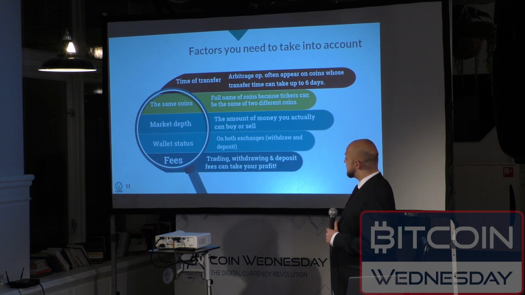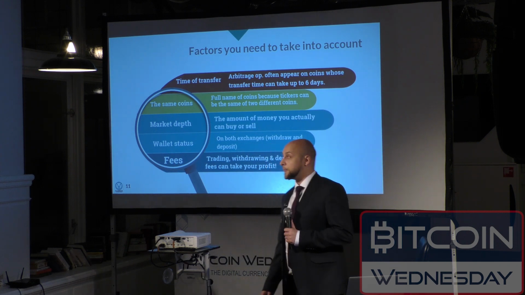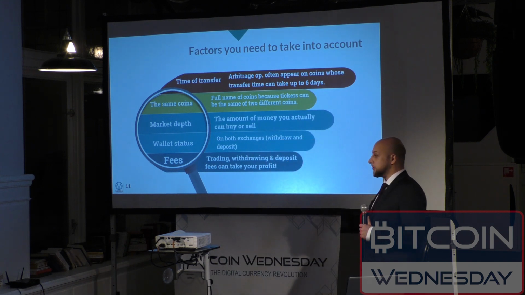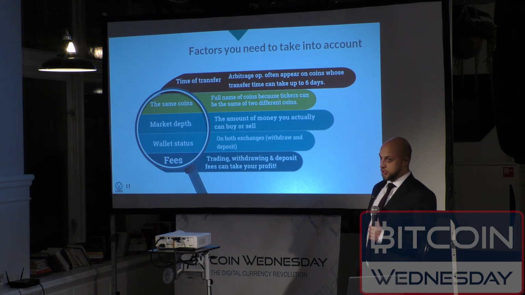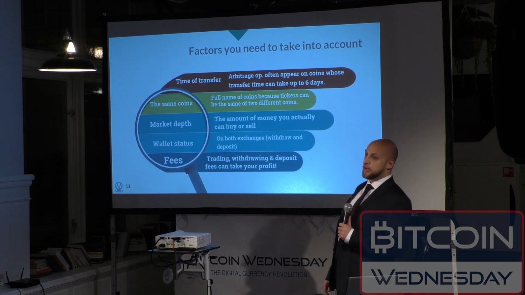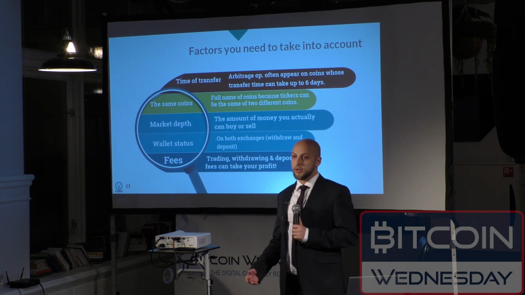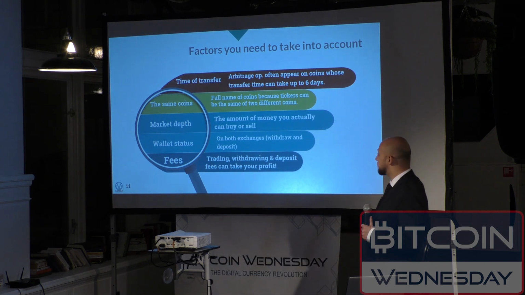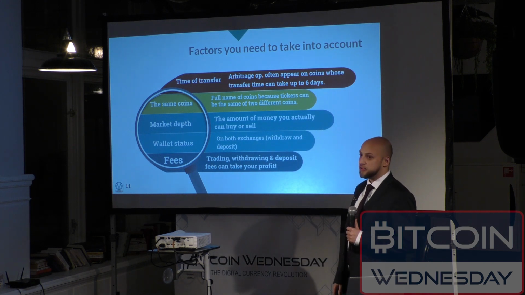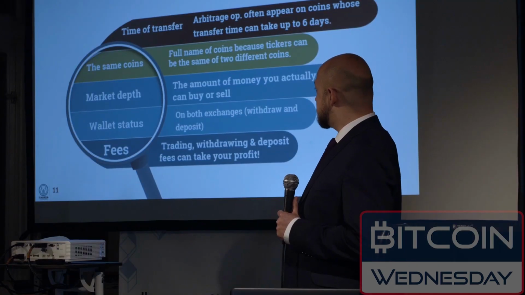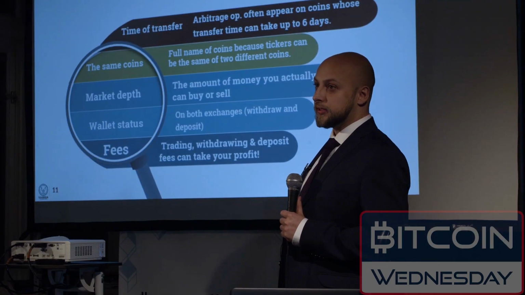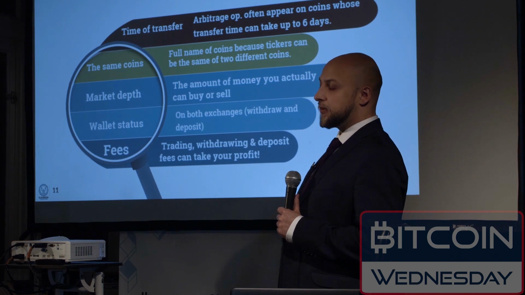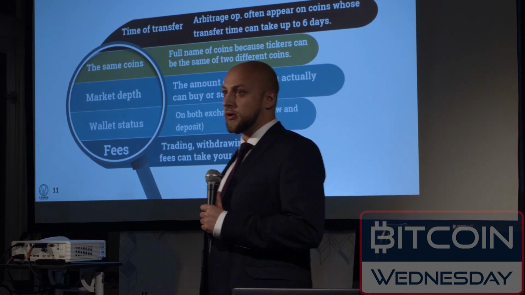The next thing is the name of coins. We have a lot of exchanges right now, and almost every day we have a new exchange and new coins, especially tokens. Most exchanges use tickers, and on some it's very hard to find the full name of a coin.